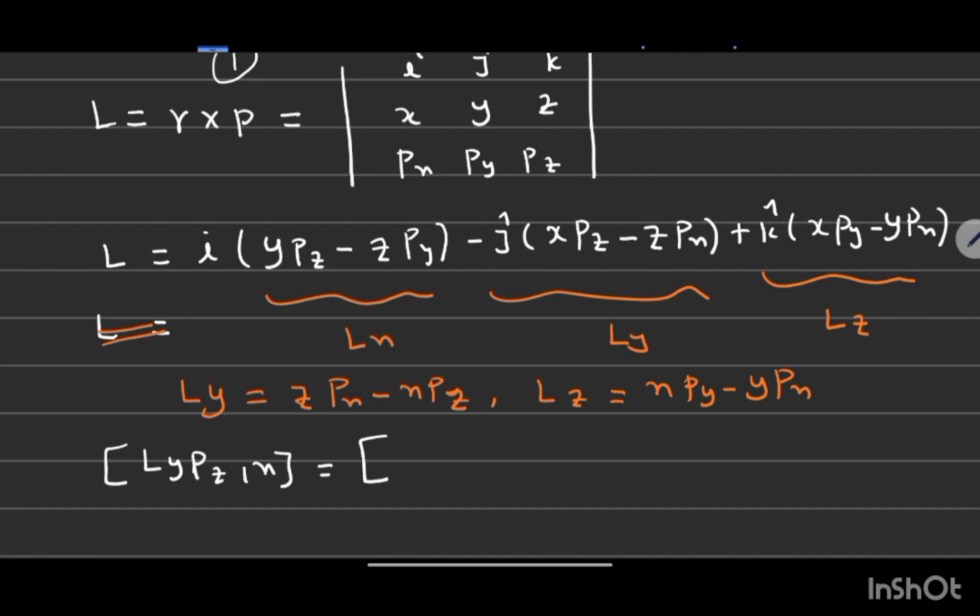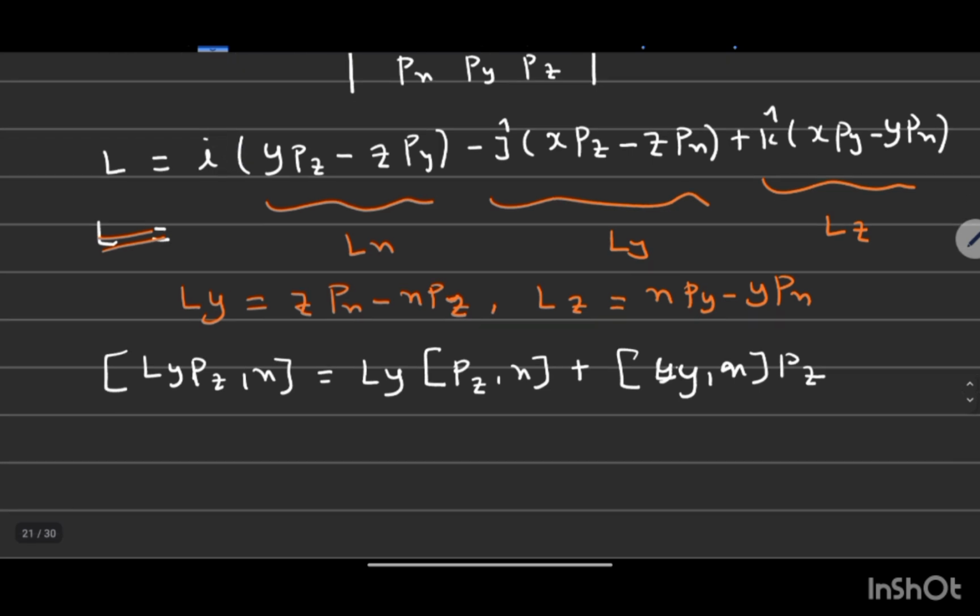Taking Ly out, we get Ly, Pz comma x, plus Ly comma x times Pz. What is the commutation of Pz and x? This will be 0, they commute with each other. So this will be 0, plus we need to know Ly comma x.